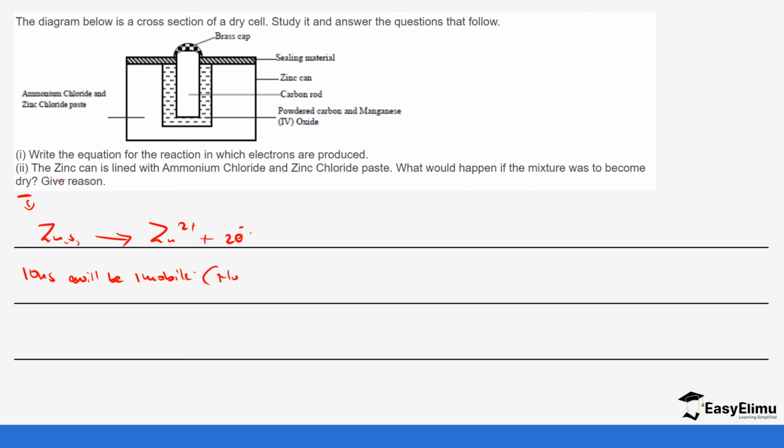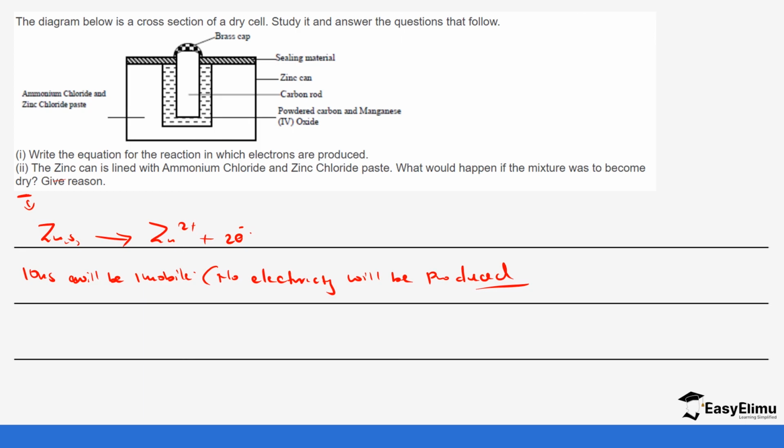So no electricity will be produced. So remember we said we need it to be molten. So that's why it is in paste form or aqueous form, so that we can allow the ions to flow through the solution.